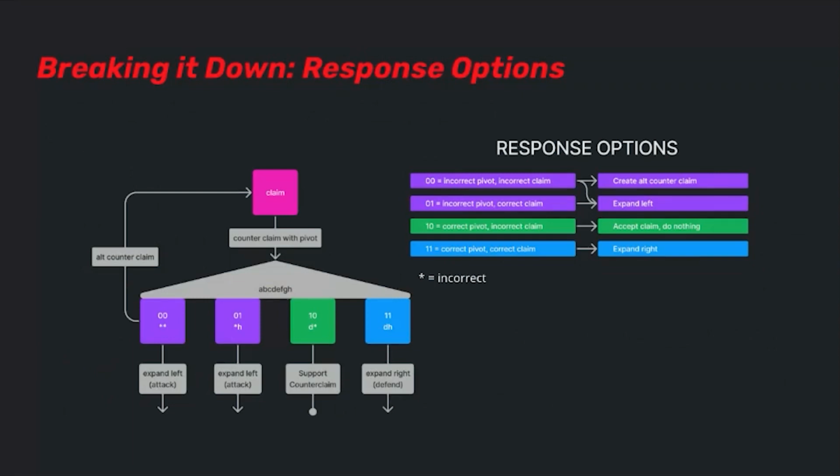So in this case, we do nothing. The reason is that we disagree with this, and we agree with this, so this counterclaim would have been exactly what we would have posted, assuming it had not already existed. We can't create two identical counterclaims, so we just accept it and let it sit and do nothing.